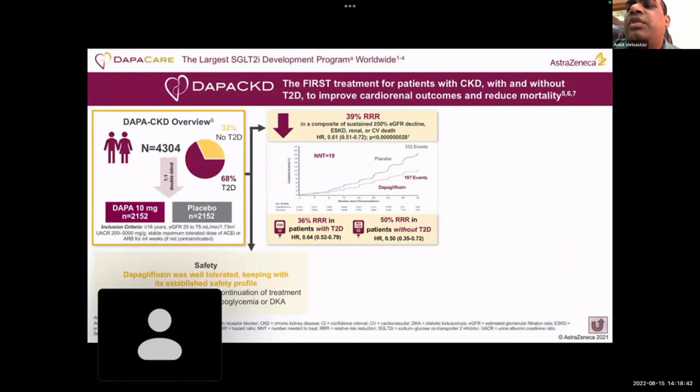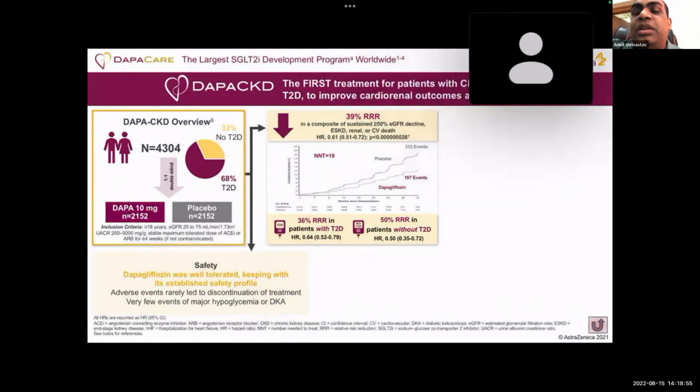The first treatment for patients with and without type 2 diabetes to improve cardiorenal outcome and reduce mortality. Dapagliflozin was well tolerated, keeping with its established safety profile, which was most important. And there was a 39% risk reduction in the composite of sustained less than 50% GFR decline.